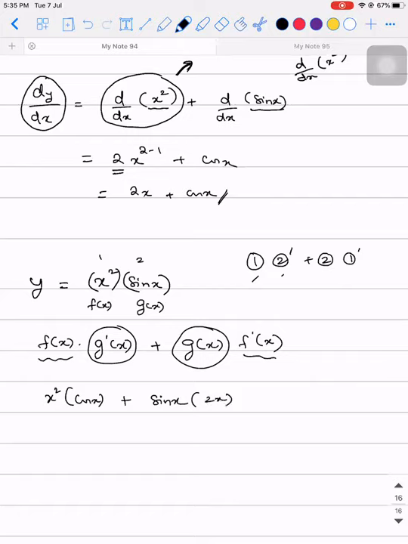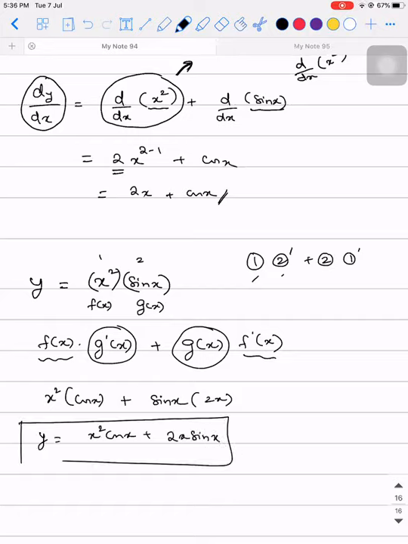Got it? So the answer will be x square cos x plus 2x sin x. You can leave it as it is. So y is equal to x square cos x plus 2x sin x.